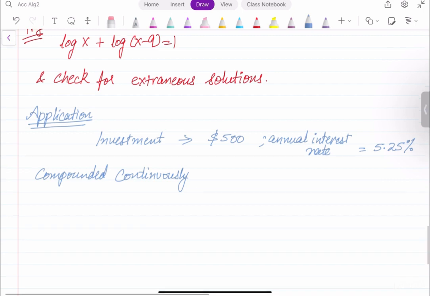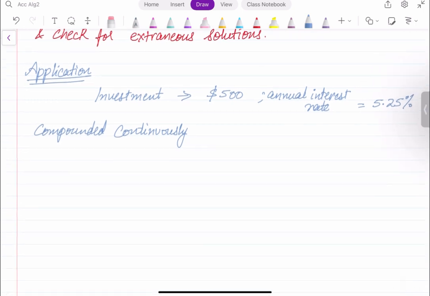We have discussed about compounding continuously previously as well. So when we talk about compounding continuously, they are asking when it will double. That means when the amount will double.